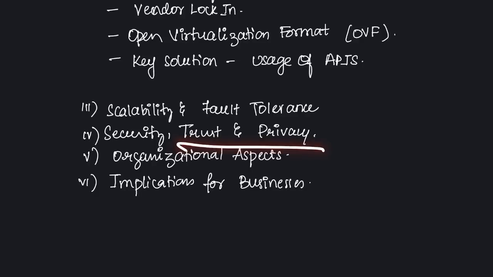Trust and privacy are again concerns, because you are storing your personal data on the cloud, and a third person could try to access your data. So there is a need for legal and technical solutions to address these problems, and to make sure that cloud services follow strict rules and there is proper, transparent accountability.